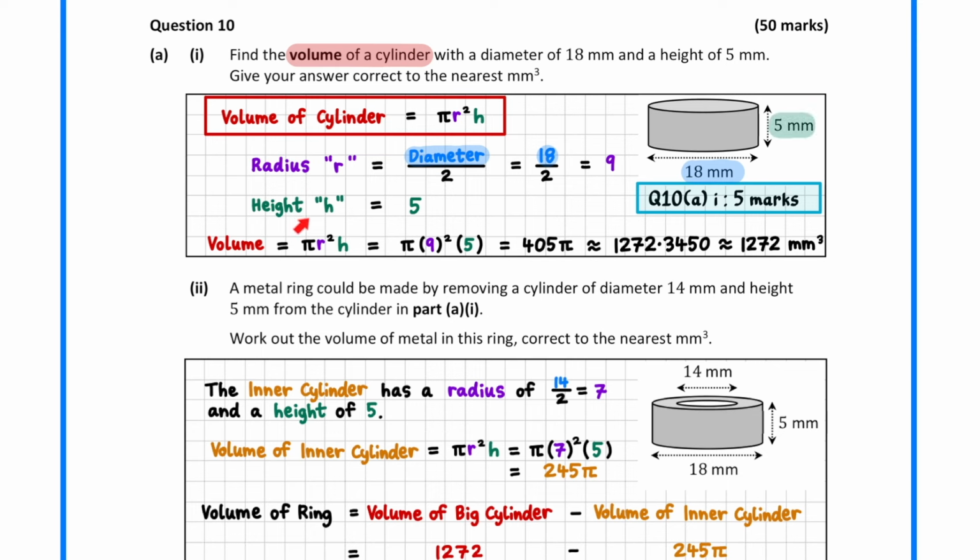The height of the cylinder is 5. Subbing these values into our formula, using our calculator, and rounding to the nearest whole number, gives us an answer of 1,272 millimeters cubed.